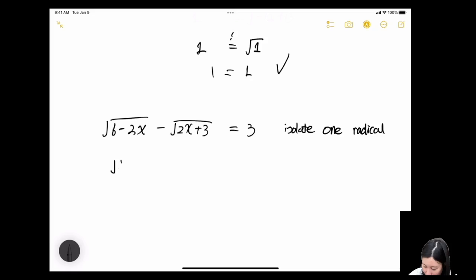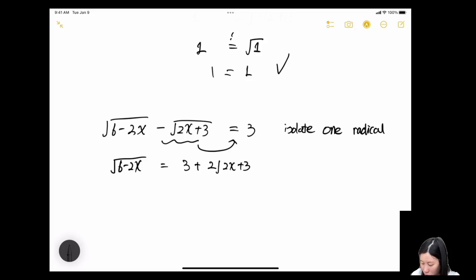So if it's the square root of 6 minus 2x, I want to move the other one to the right. So I have 3 plus the square root of 2x plus 3. Okay, and then we square them.